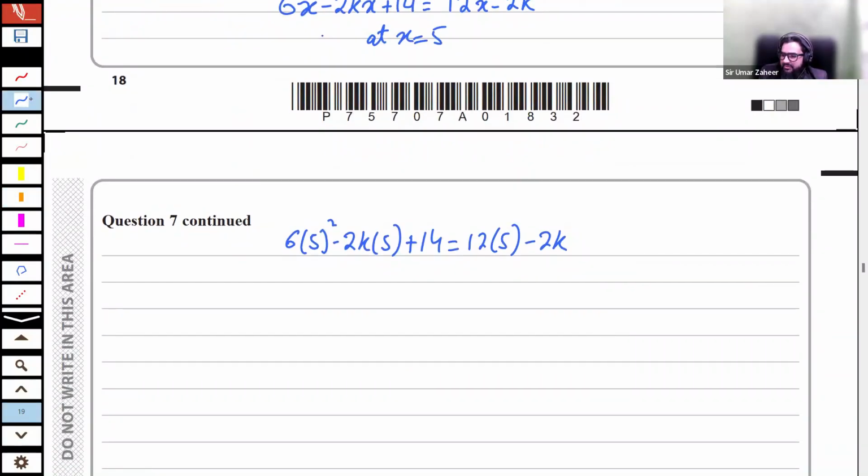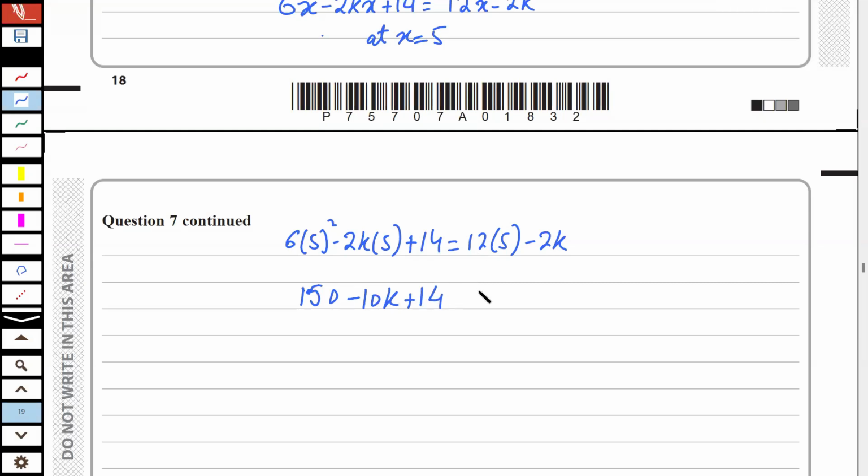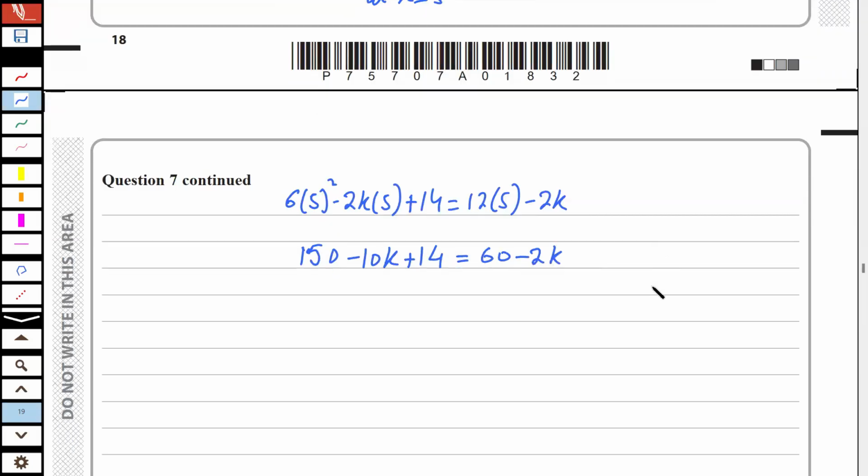Let's simplify them. 5 squared will be 25. 25 multiplied by 6, sorry, 150. So 150 minus 10k plus 14k, and 12 multiplied by 5 is 60, so it will be 60 minus 2k.